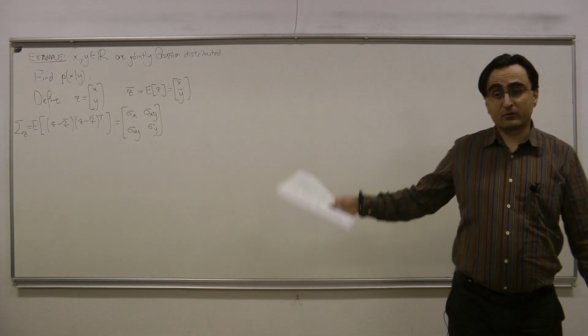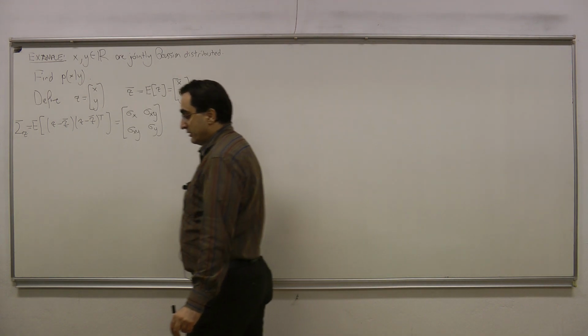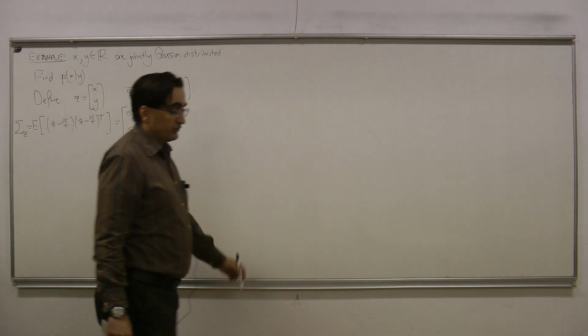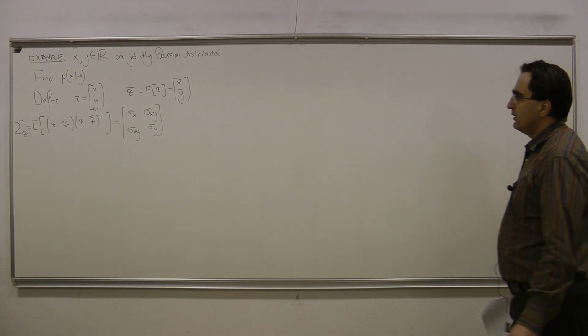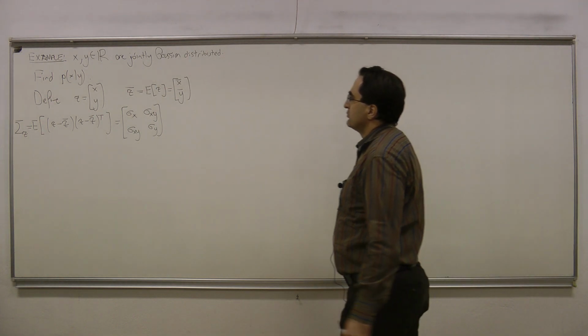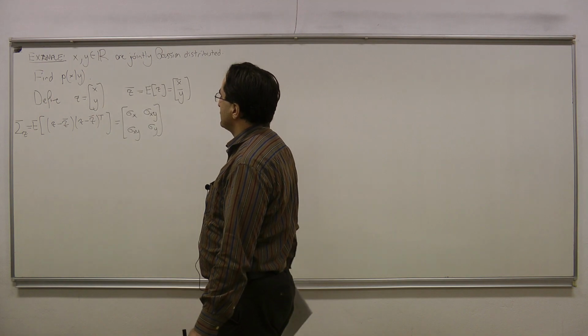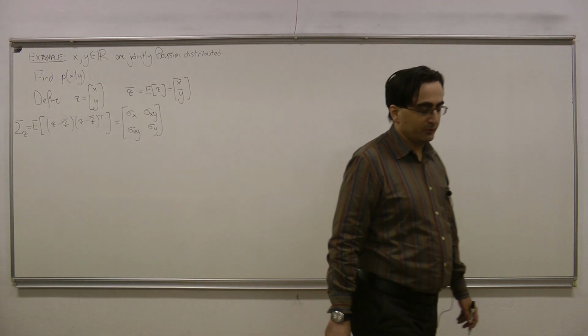The covariance matrix has to always be symmetric, and it has to always be positive semi-definite, as we have shown in the last lectures. So now I can actually write the distribution of z. If x and y are jointly Gaussian distributed, then z is Gaussian distributed.